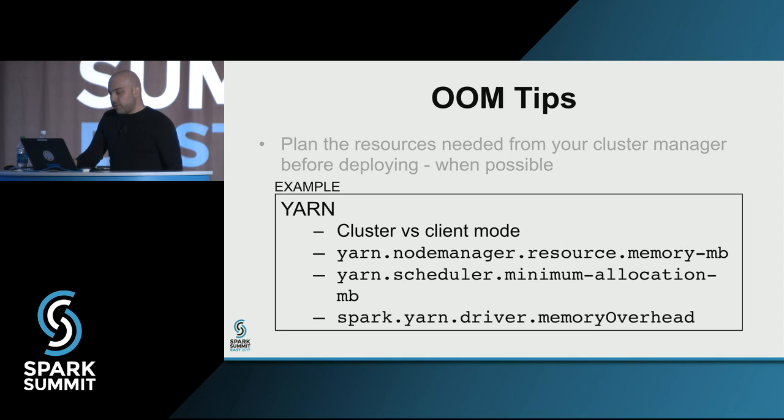As for the first step, setting your YARN configuration options, usually they are defined by default with your distribution. For example, if you launch a cluster on EMR, most of these parameters will already be set up for you. And then you have to, of course, check the Spark configuration.